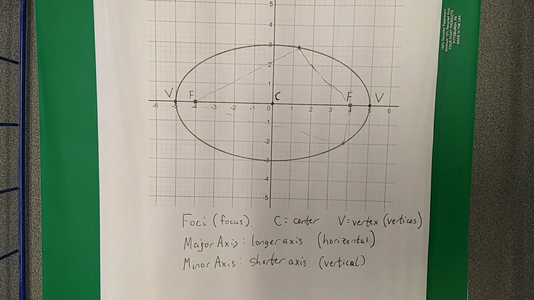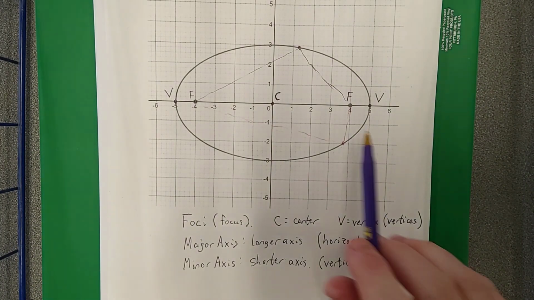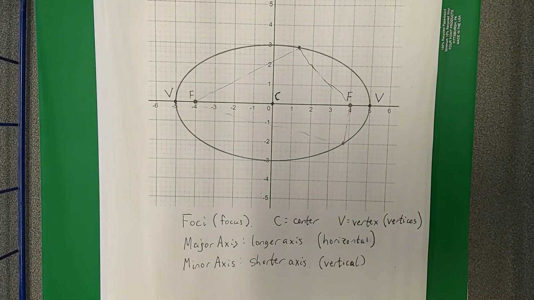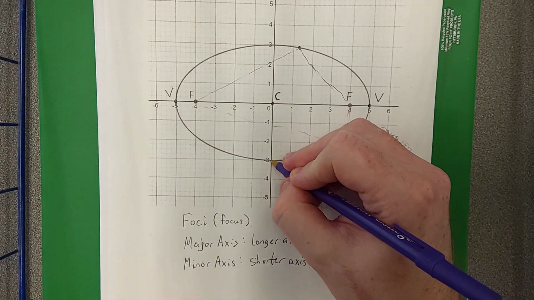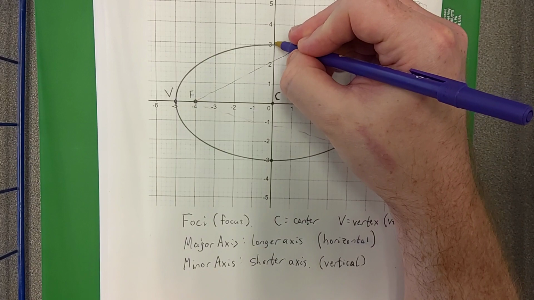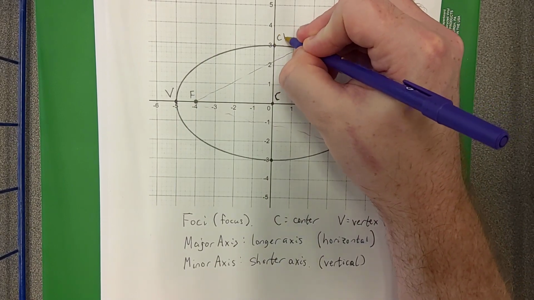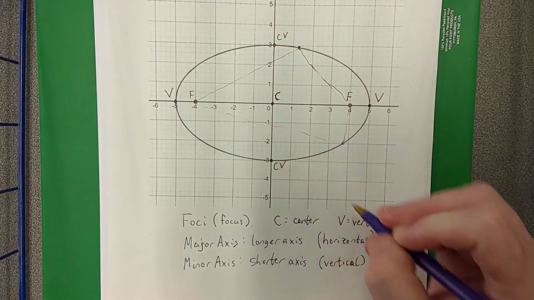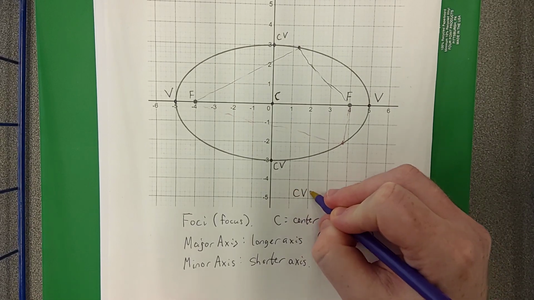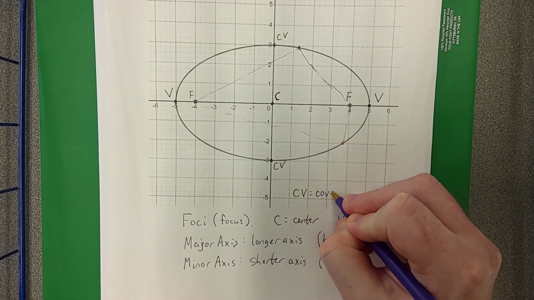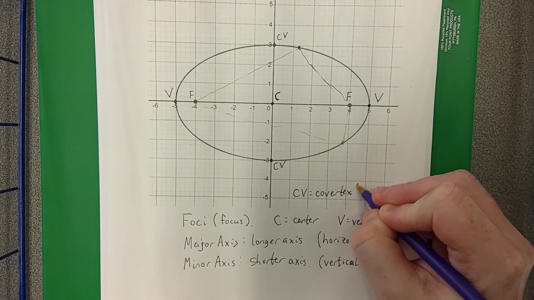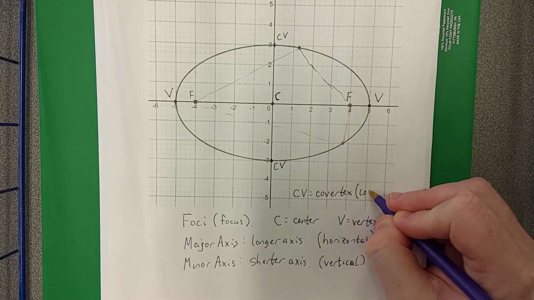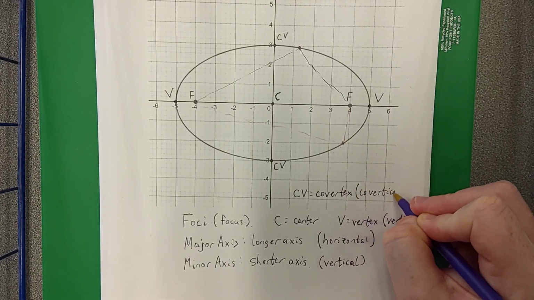Now, there are also 2 more points. The corresponding points on the minor axis also have special names. They are called covertices. We'll say CV is a covertex, or if you wanted to pluralize that one, they would be covertices.